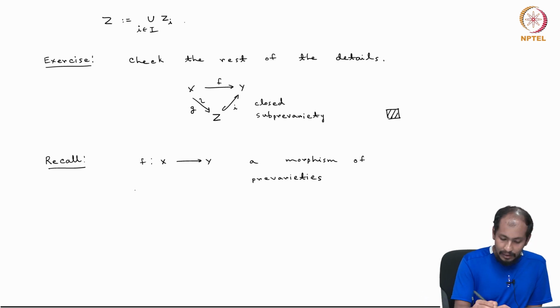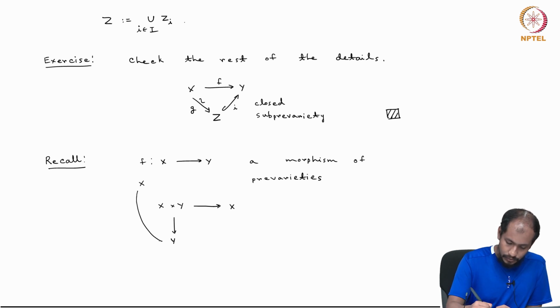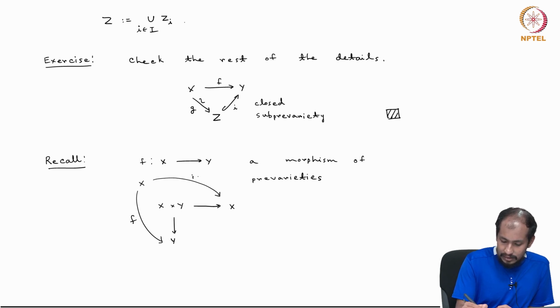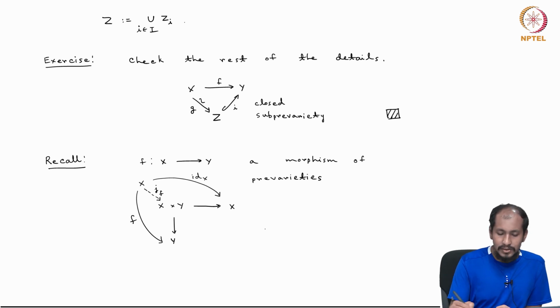We know that the product exists, and if we consider the maps f from X to Y and the identity on X, then there exists a unique map, say j_f, from X to X cross Y, such that this diagram commutes.